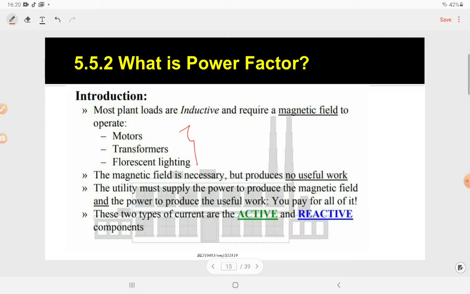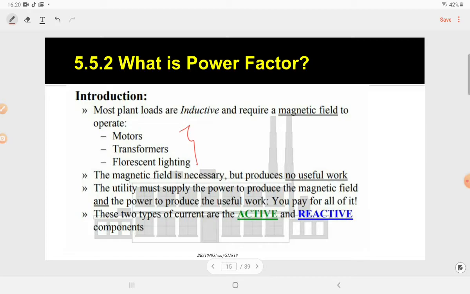So to produce a high volume of the power that we need, you need to use a transformer and motor, to produce useful work.